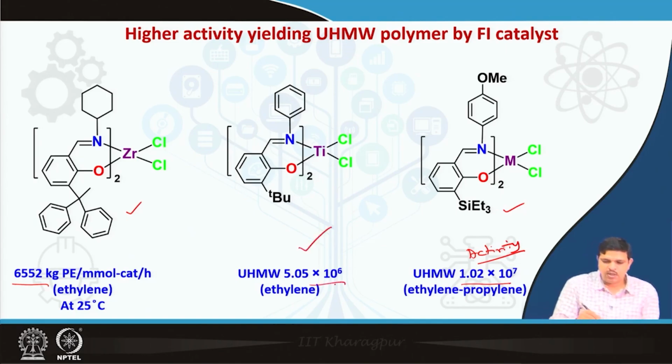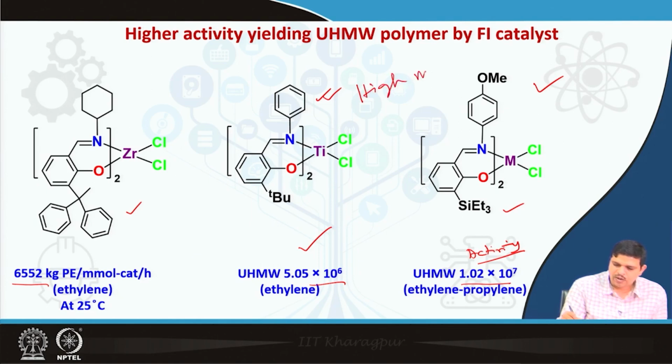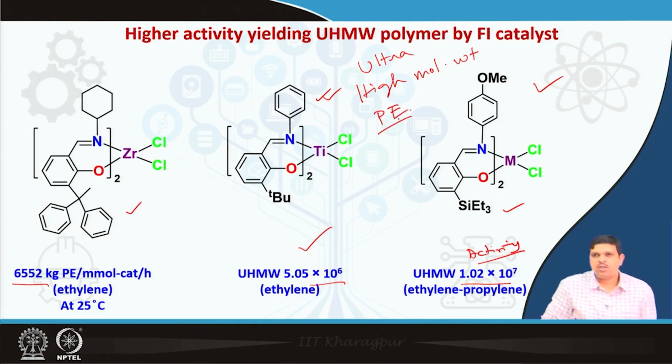That means this catalyst and this catalyst are very effective for very high molecular weight, and it is called ultra high molecular weight polyethylene. So this is really effective. If you are targeting high molecular weight polyethylene, these catalysts are suitable and perfect.